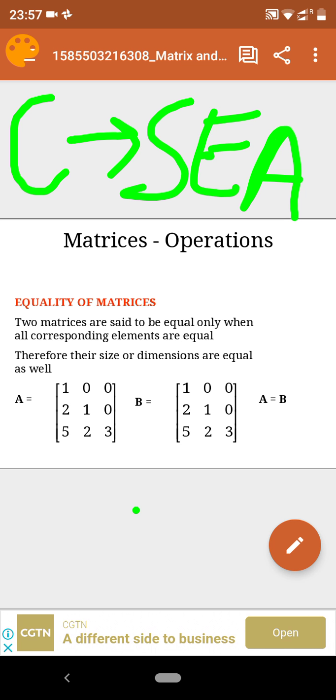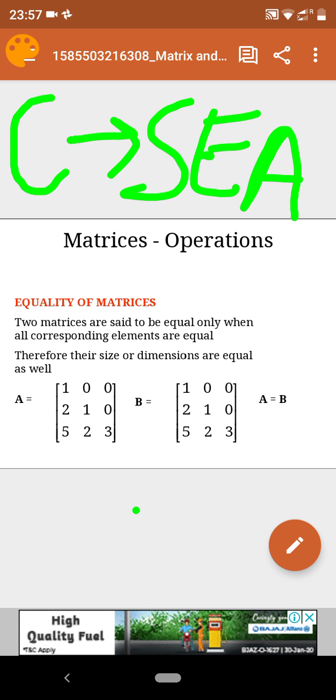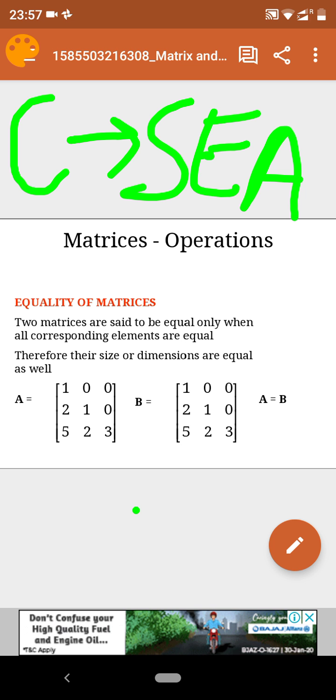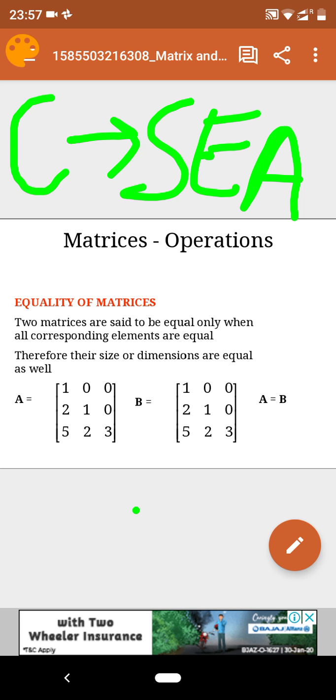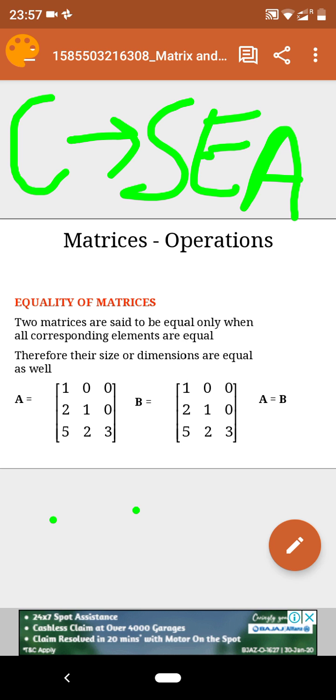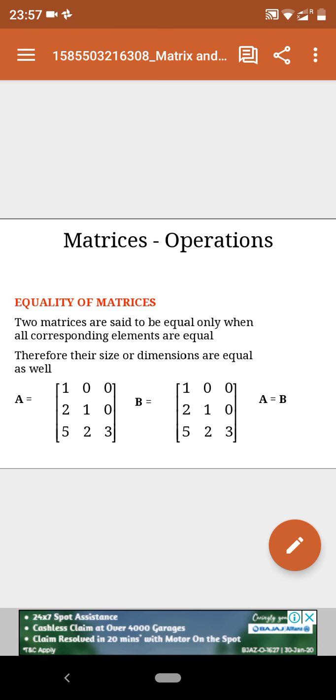If you want to add, subtract, or equate two matrices, they need to be of the same order. If two matrices are not of the same order, you cannot add, equate, or subtract them. This is to be taken care of, please. This is very, very important. This is regarding the first operation.